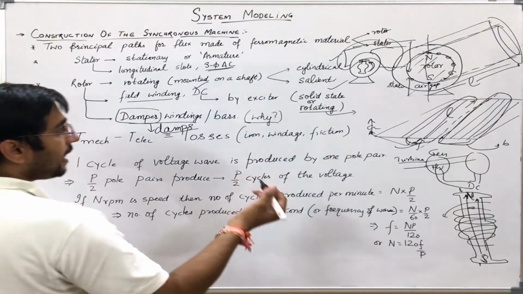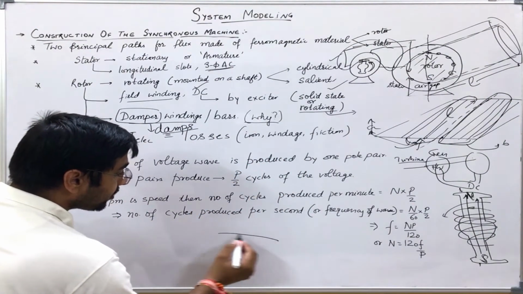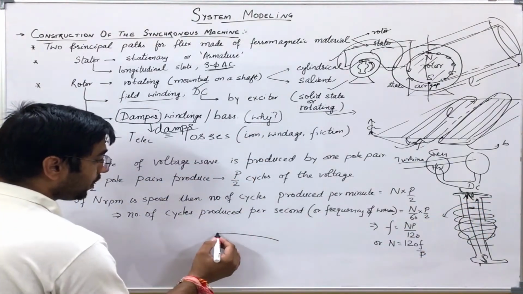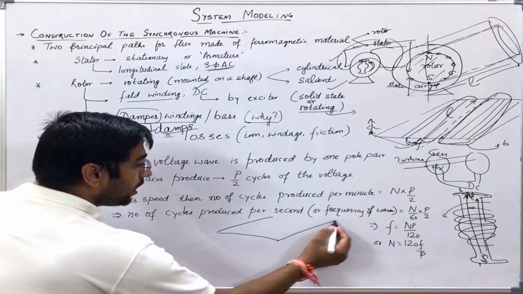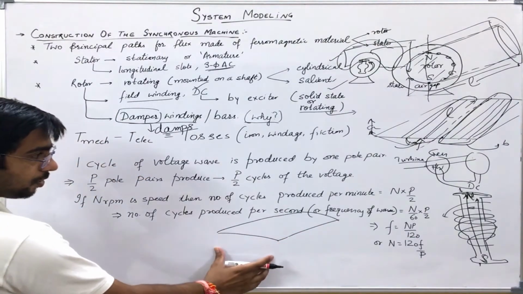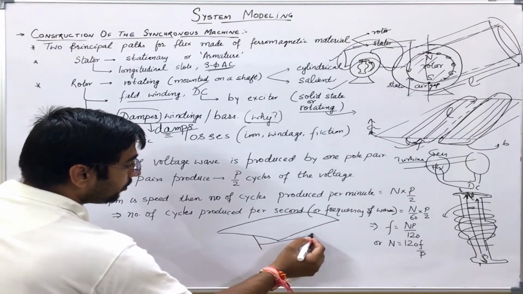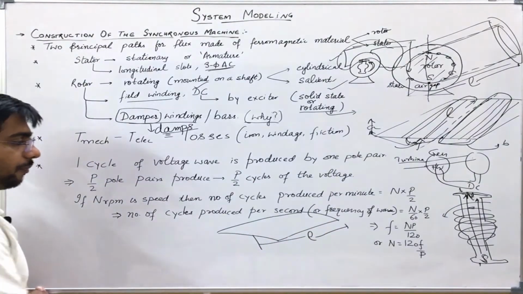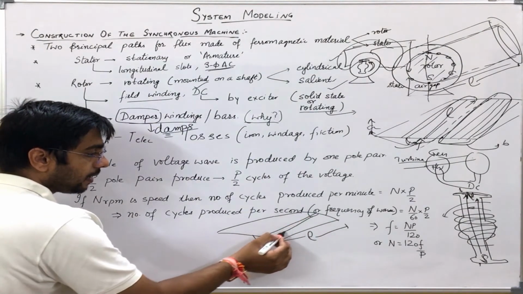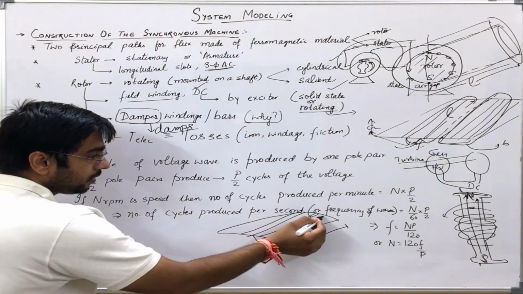Now I will try to show here that, let us say this is the top surface of the pole shoe, and I am trying to show it longitudinally. This is the length L of the machine. We will put bars like this, 1 bar, 2 bar, 3rd bar.